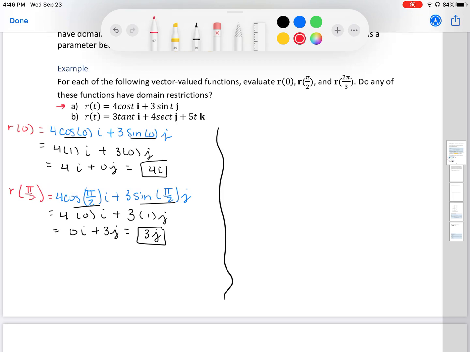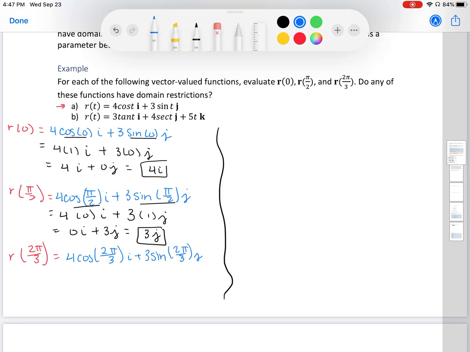And lastly, r of 2 pi over 3. I said that backwards, or I said that reciprocally, if that's a word. All right, so I have 4 cosine at 2 pi over 3 i plus 3 sine at 2 pi over 3.